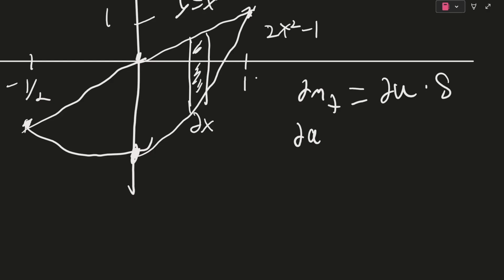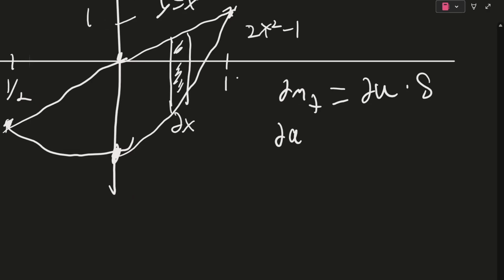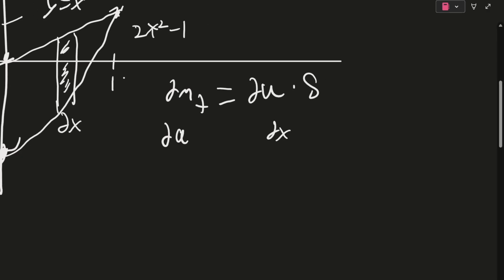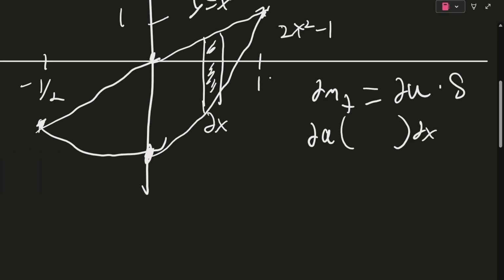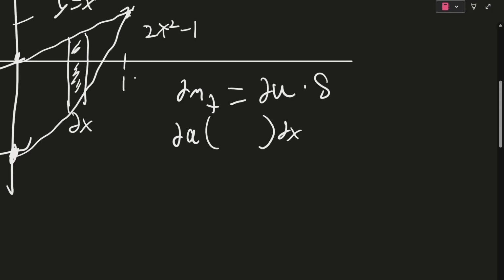And it's going to be a little rectangle with a width of dx. And it's going to be multiplied by a height. And our height is actually, in this case, going to be our top function minus our bottom function, which is just going to be negative 2x squared plus x plus 1.